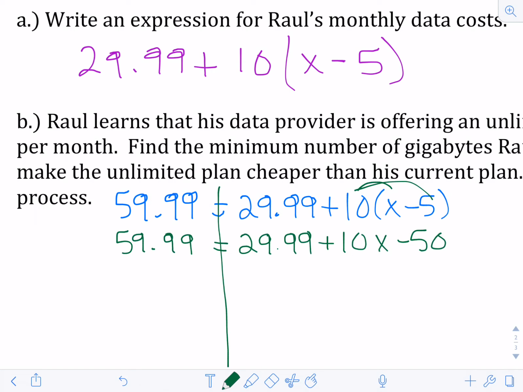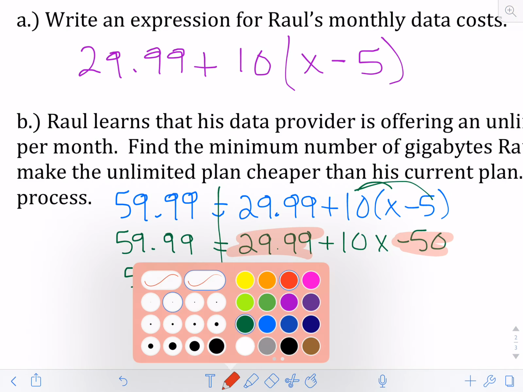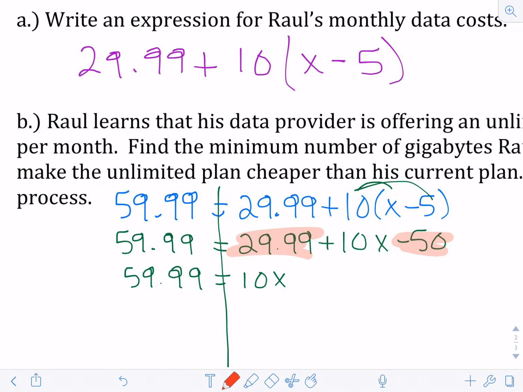Now I'm going to combine like terms. I can combine $29.99 and this negative 50. So I still have $59.99, I still have my 10x, but when I combine those two, $29.99 minus 50 gives me negative $20.01.